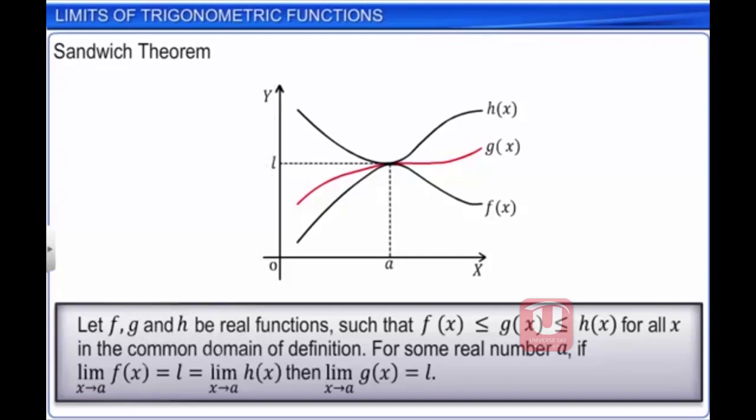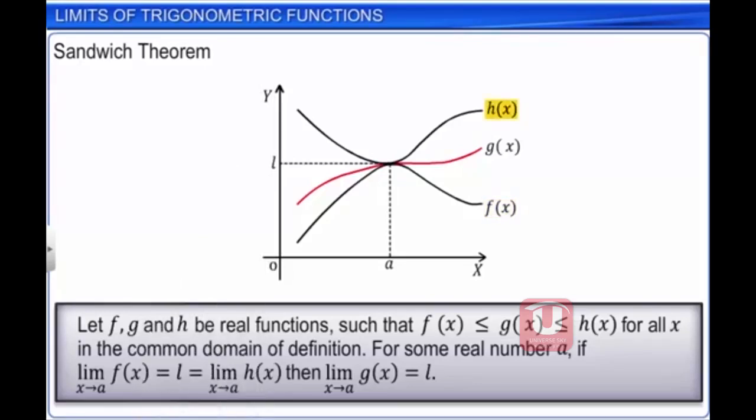For some real number a, if the limit of f of x as x tends to a is equal to L is equal to the limit of h of x as x tends to a, then the limit of g of x as x tends to a is also equal to L. In the figure, the curves in black represent the functions f of x and h of x.